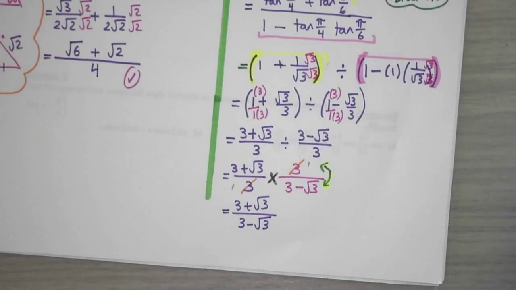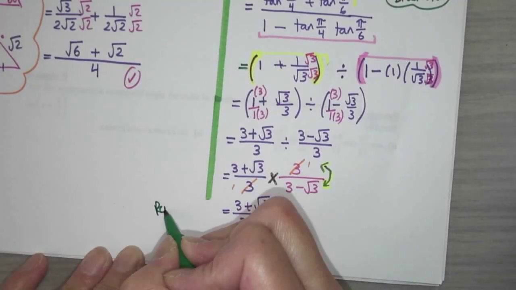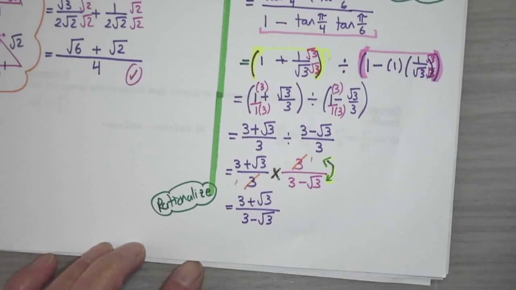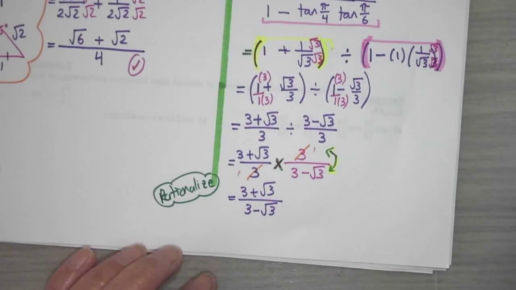And are we done? I know, because you have to rationalize that denominator, which is why you're like, so we can use that other calculator? Nope. The 10 steps, yeah, you would have the answer to check with. So rationalize. We are not done. So you want to rationalize that by multiplying by the conjugate.